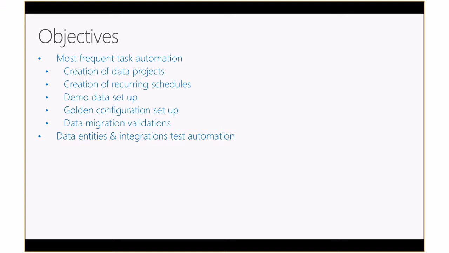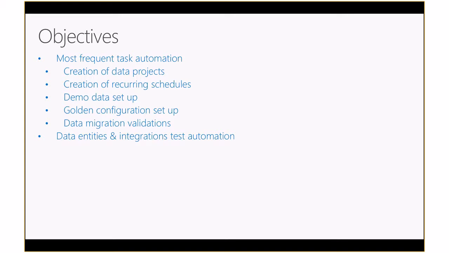Now, sure, teams go through testing these scenarios manually, but if there is a way for us to help with automation of such scenarios, then it should definitely help in the overall process, and it should definitely help in the overall turnaround time when it comes to validations of data entity specific scenarios through implementation.